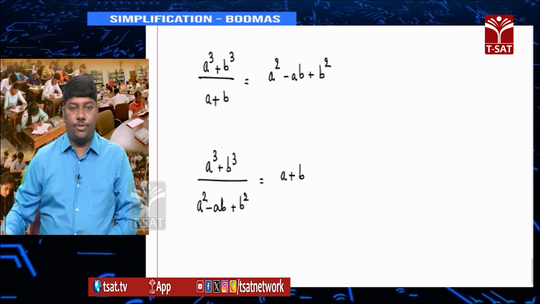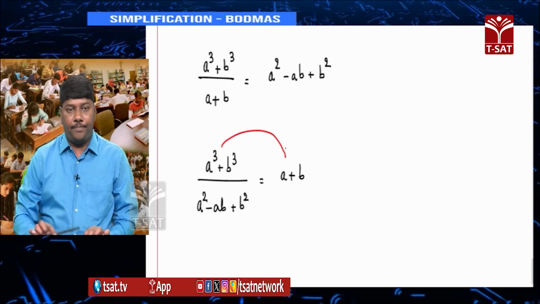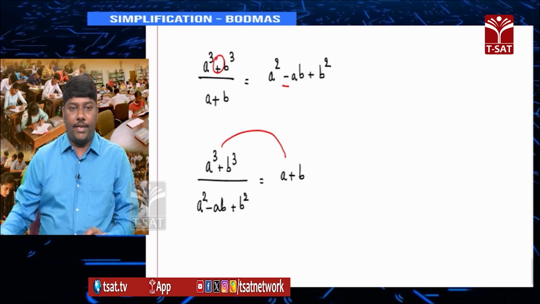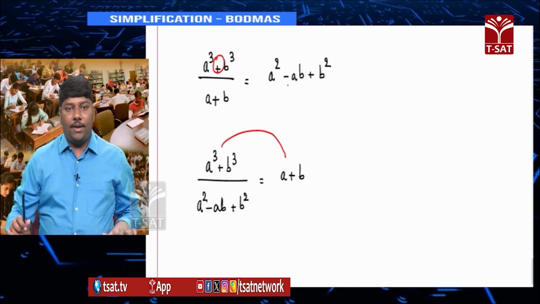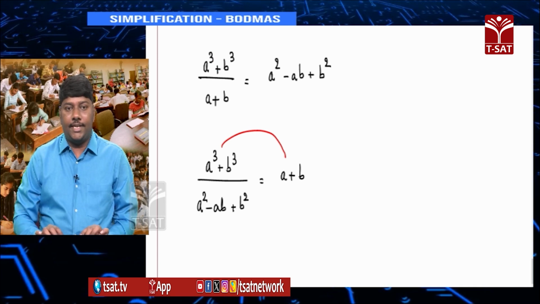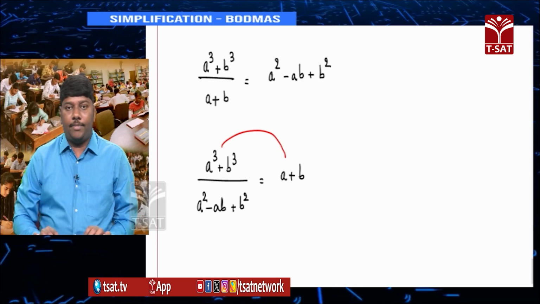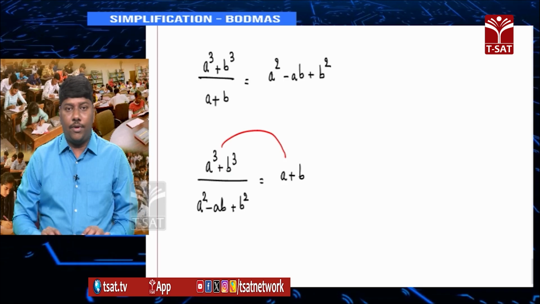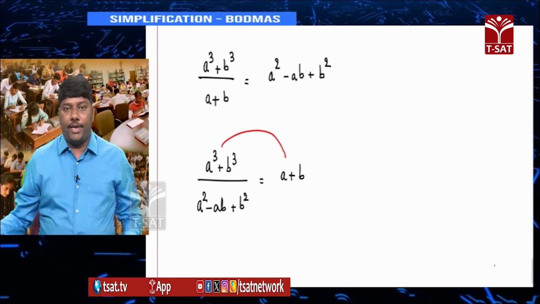This plus and plus should match when it comes to a plus b. So, when it is a square minus ab plus b square, if it is plus here, then it is minus here. Simply I am dividing the formula which I said earlier both by a plus b and a square minus ab plus b square. Now, let us look at one or two sums based on this.